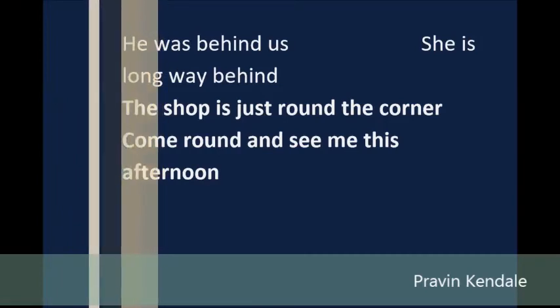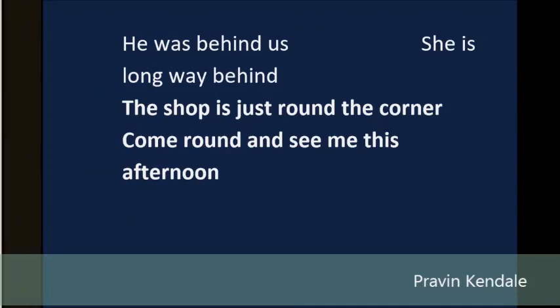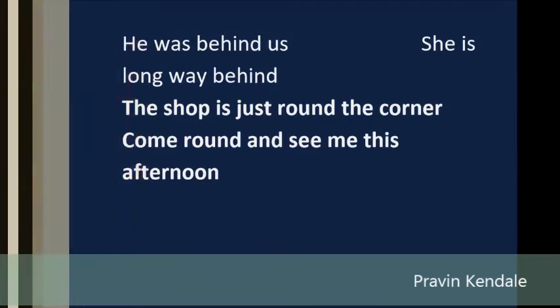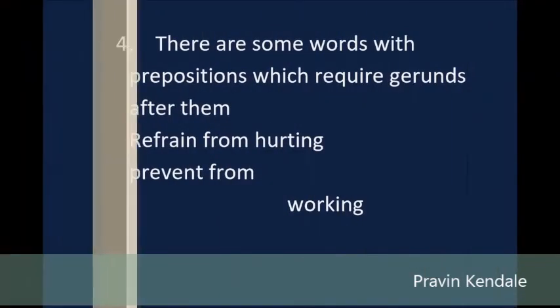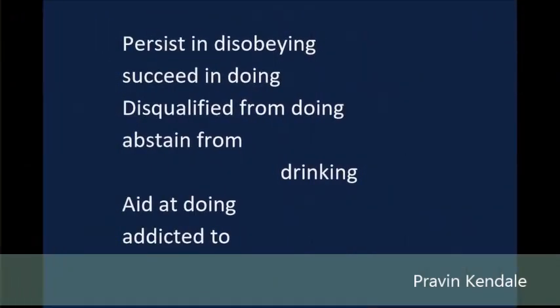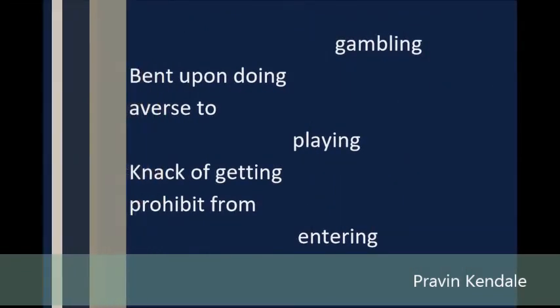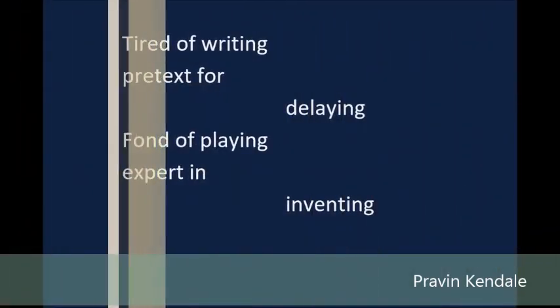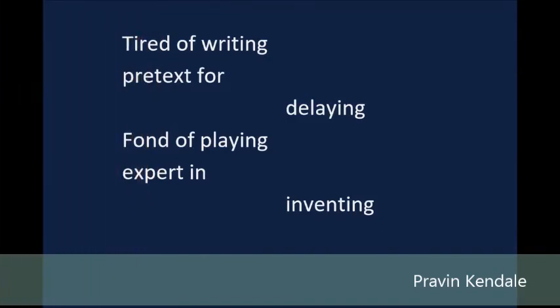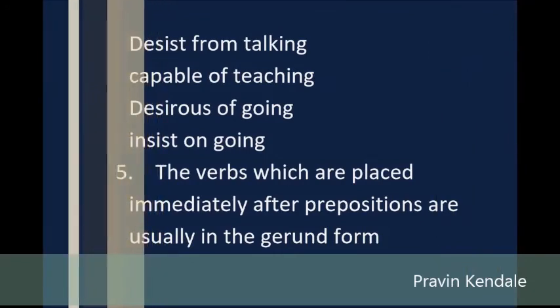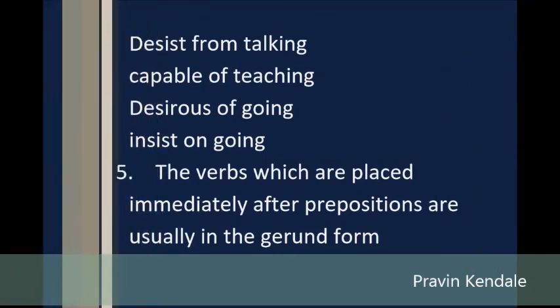Refrain from hurting, prevent from working, persist in disobeying, succeed in doing, disqualified from doing, abstain from drinking, aid at doing, addicted to gambling, bent upon doing, averse to playing, knack of getting, prohibit from entering, tired of writing, pretext for delaying, fond of playing, expert in inventing, desist from talking, capable of teaching, desirous of going, insist on going.